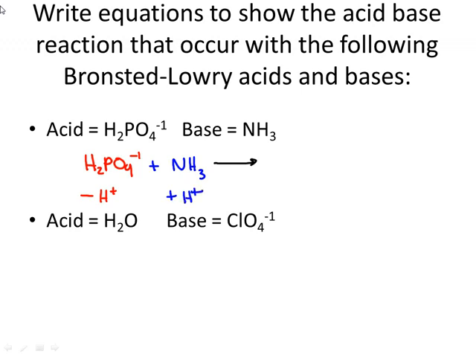So if I take away an H plus from H2PO4 negative, then I only have one H remaining. I still have the phosphate, but now my charge was negative, but I've taken away a positive, which makes it even more negative. Now it's -2.